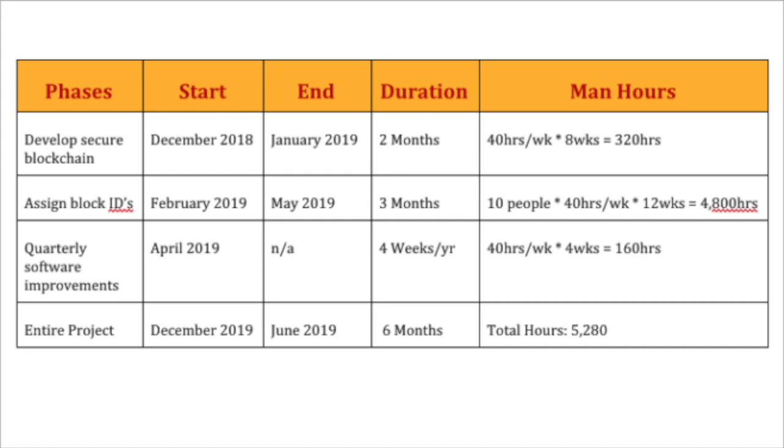Our plan for this project involves three main phases: developing the blockchain, which requires hiring a highly skilled software developer, assigning and distributing voter IDs and secure voter keys, and security improvements once the blockchain is up and running. Developing the blockchain will take approximately 1 to 2 months, depending on the complexity of the smart contract.